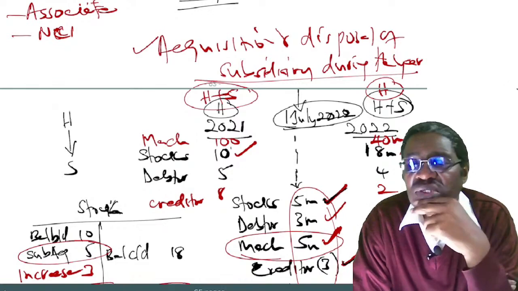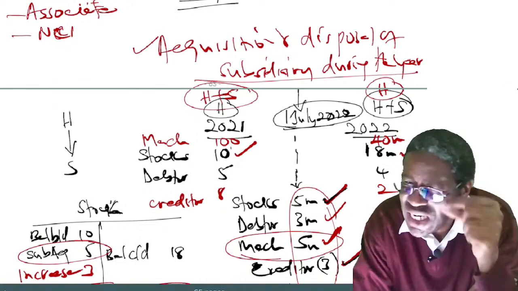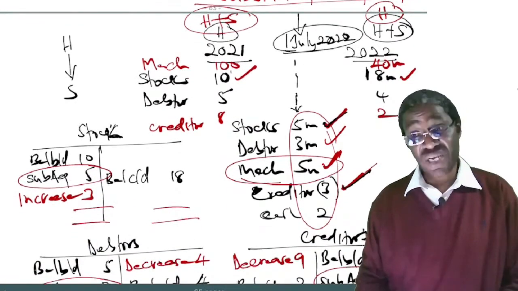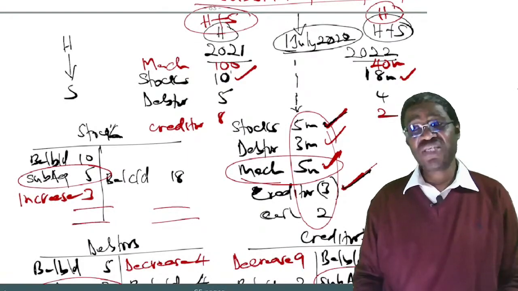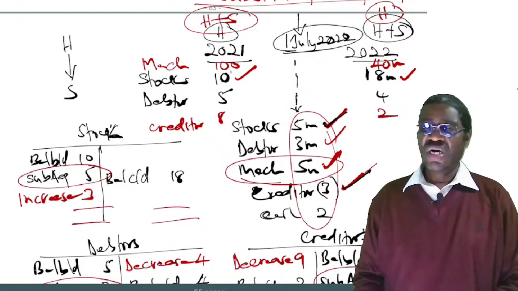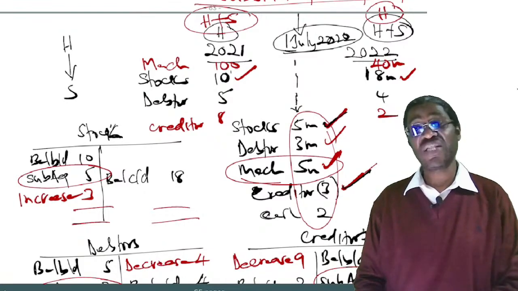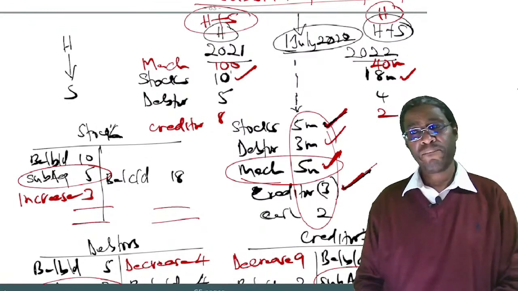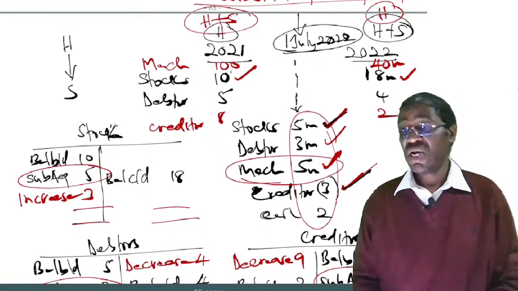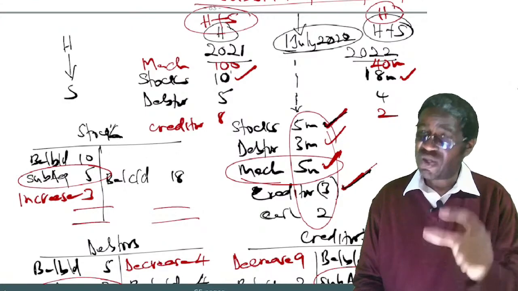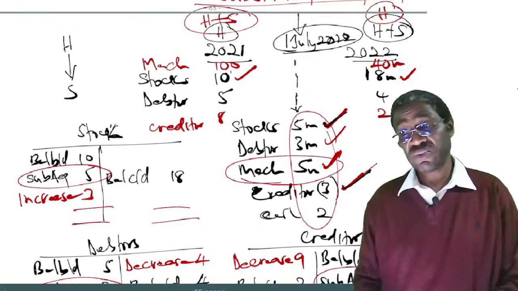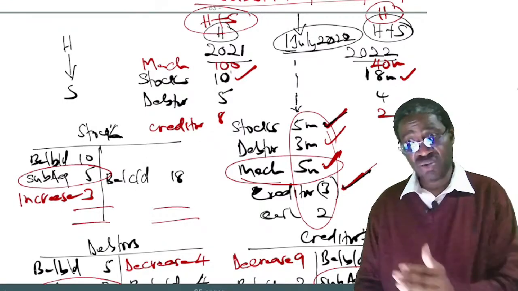And continue. Any liability of the subsidiary company at the date of disposal should be debited in the respective liability account.